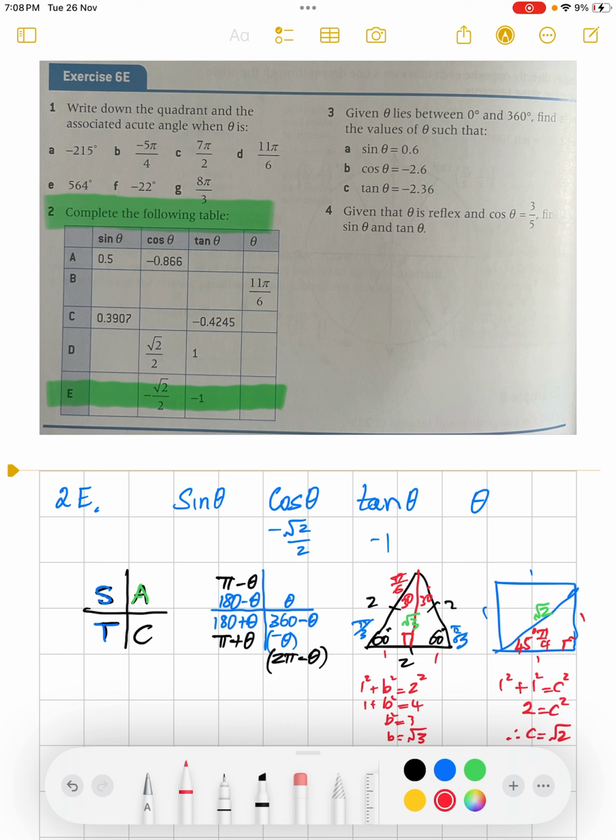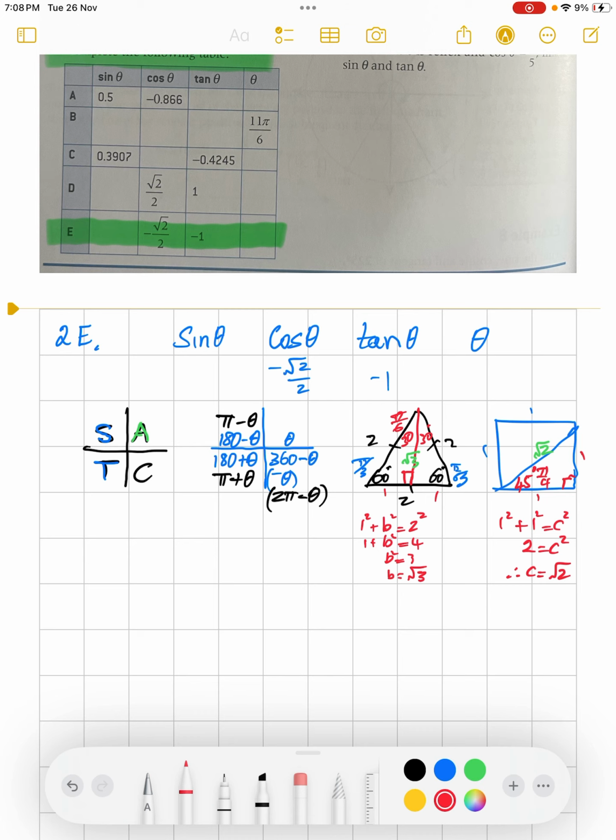Okay. Looking at the question, you see that cos is negative. Tan is negative. There's only one quadrant where both cos is negative and tan is negative, and that's where sine is positive. So we already know it's a quadrant 2 angle.